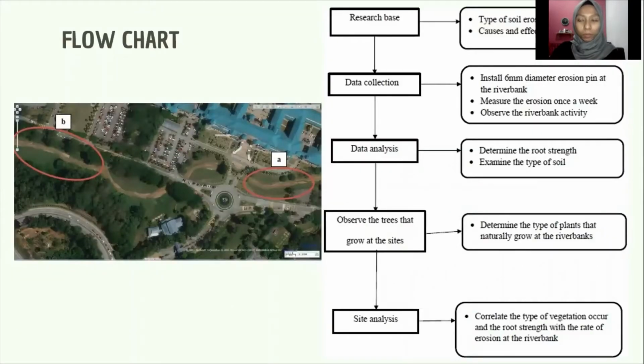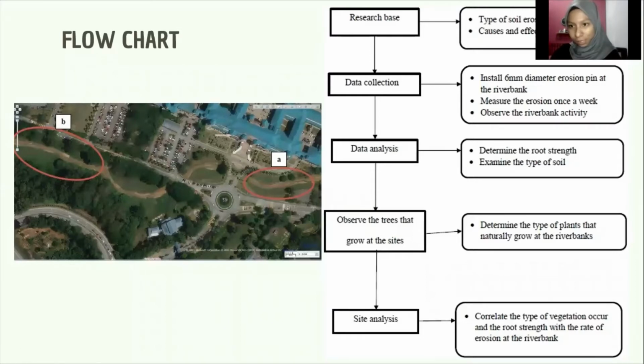The flow chart of this project goes through the research base, the data collection, data analysis, observing the trees that grow at the site, and lastly the site analysis. Firstly, the research base, which was done in FYP1, is to determine the types of soil erosion and then the causes and effects of soil erosion. Next is the data collection, where the erosion pins are installed and measured, and the riverbank activity is observed.